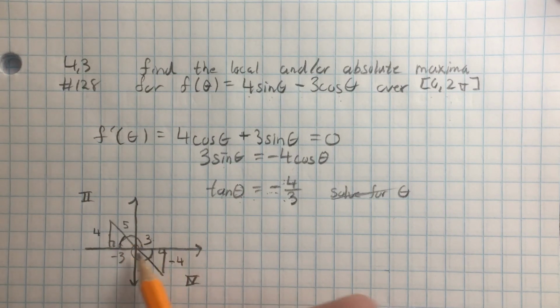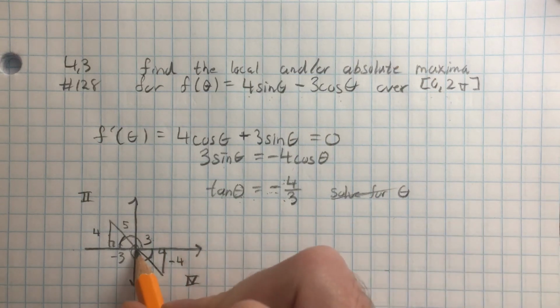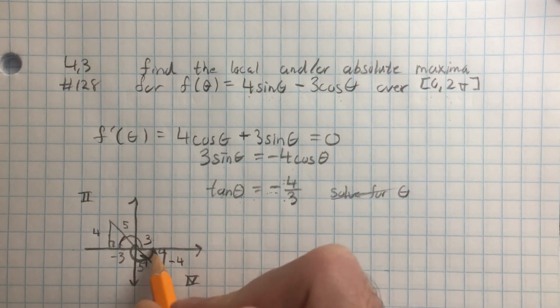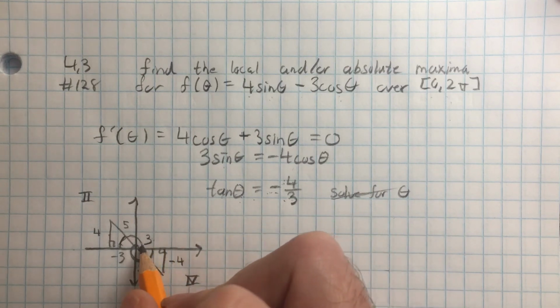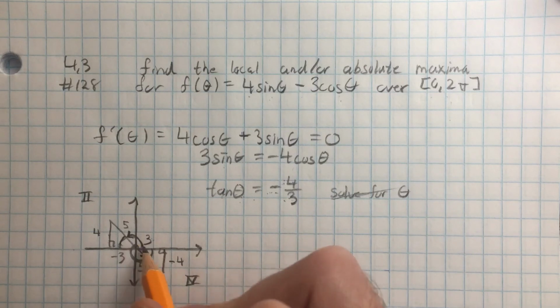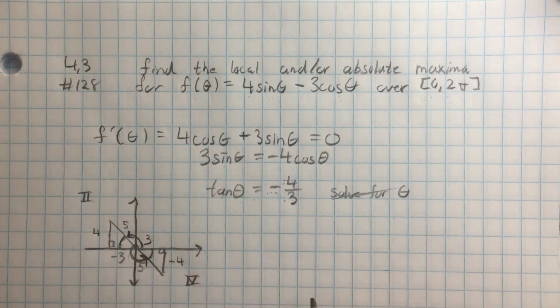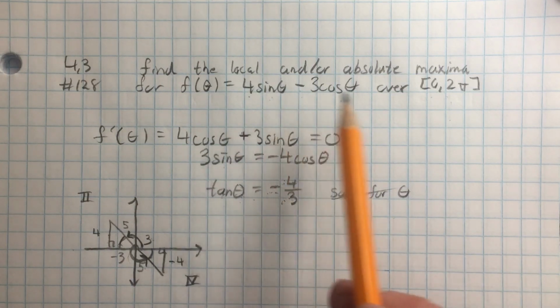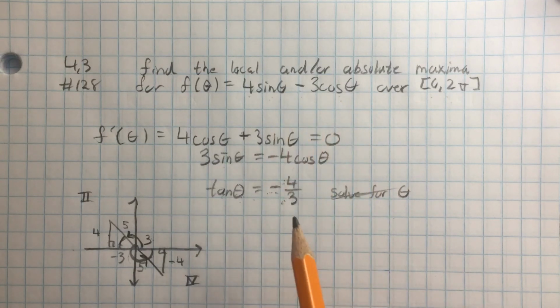I have one here, and I have one here. Sorry, I went too far. One here, say like that, before I get to the reference angle. Same thing here, I went too far, I wasn't thinking. Right, before I get to the reference angle, so that angle and then this one, those 2 angles cause tan to be negative 4/3, and therefore I can also say something about their cos value and their sine value back in the original function when I need to.